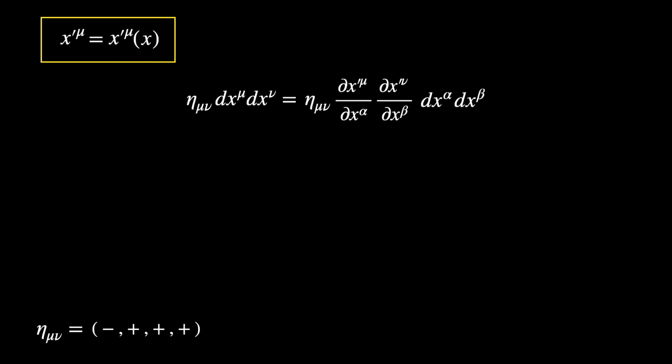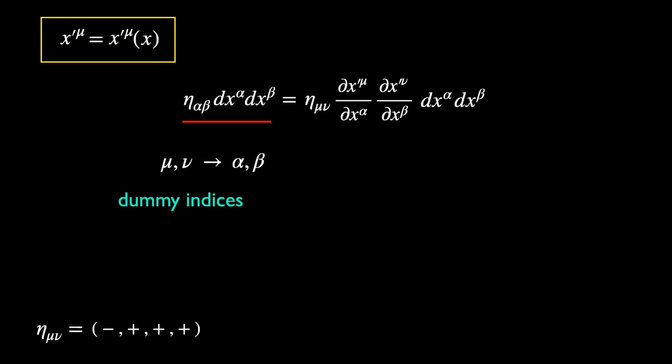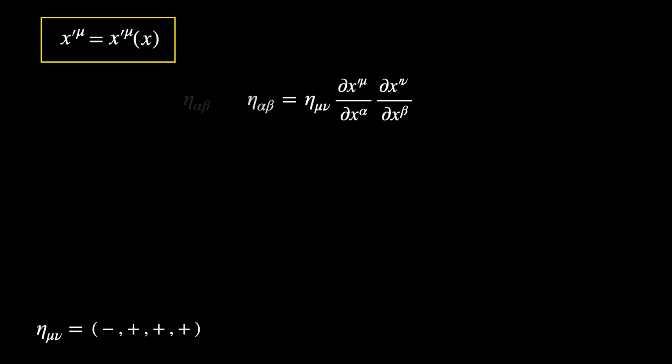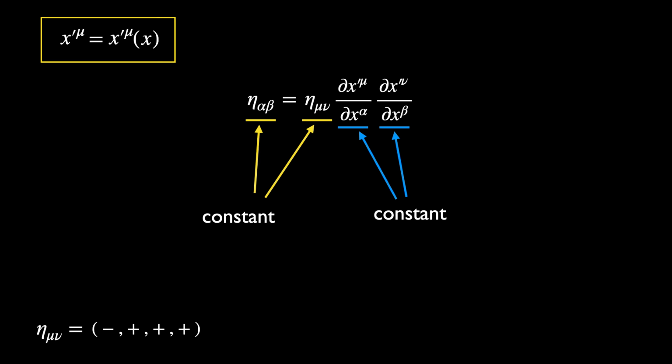In order to properly compare both sides of this equation, let's change the dummy indices on the left-hand side such that they match the right-hand side. And we end up with this equation. Notice that eta on either side are constants. Naively, this would suggest that these two derivatives should also be constants in spacetime.